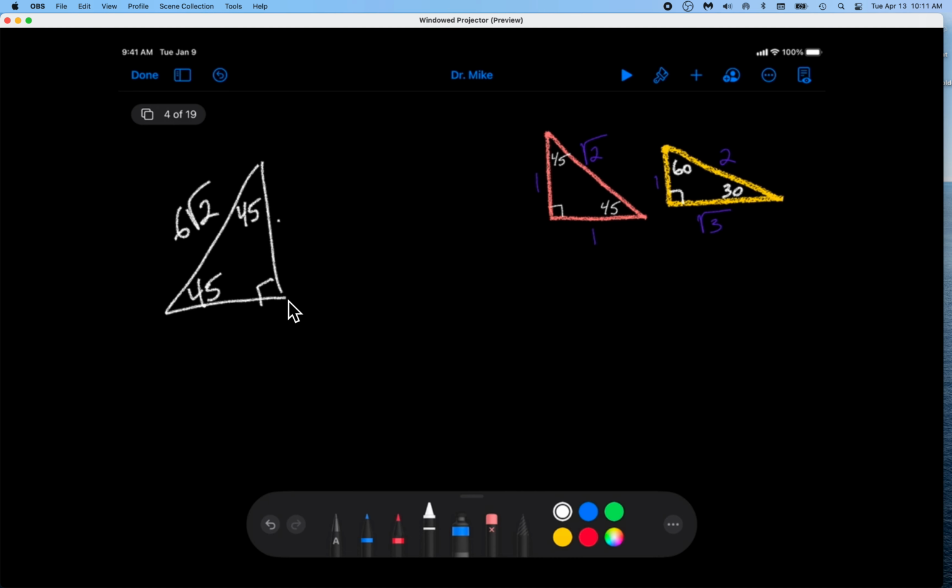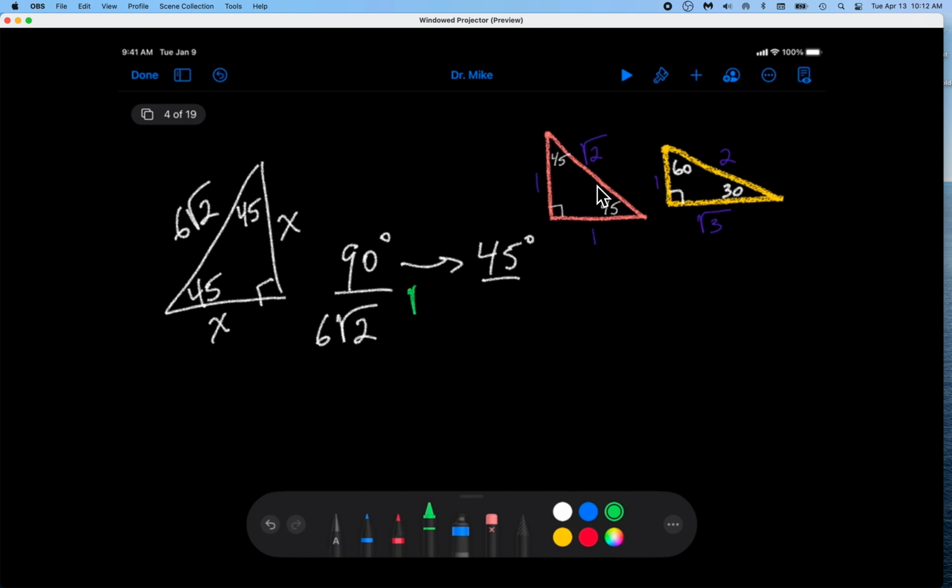We know these sides are going to be the same. We have the side that's opposite the 90 degrees. We're trying to find the side opposite the 45 degree. So let's write the value that we have. Now, what's the conversion factor when you're working with a 45, 45, 90 degree triangle and you're moving from a smaller side to a larger side? It's square root of 2.